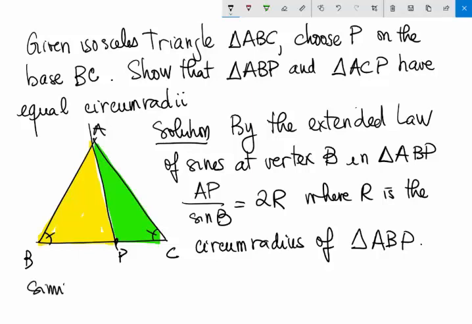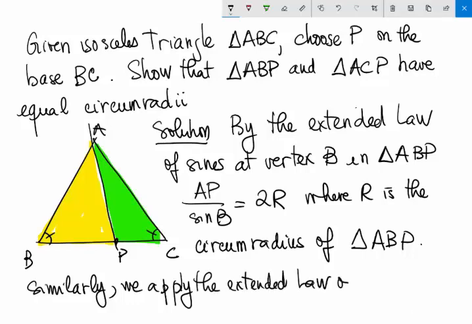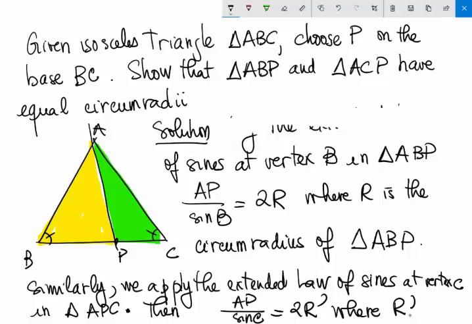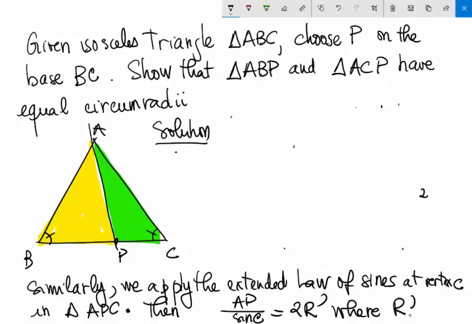Similarly, we apply the extended law of sines at vertex C in triangle APC, and we obtain that AP over sine of C must be equal to 2R prime, where R prime is the circumradius of triangle APC.